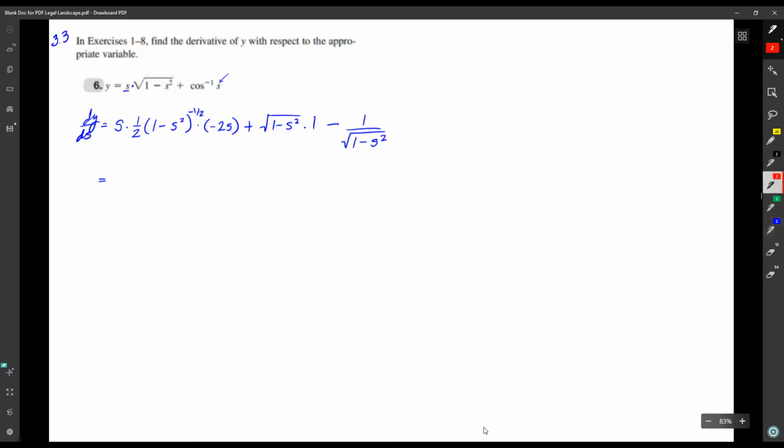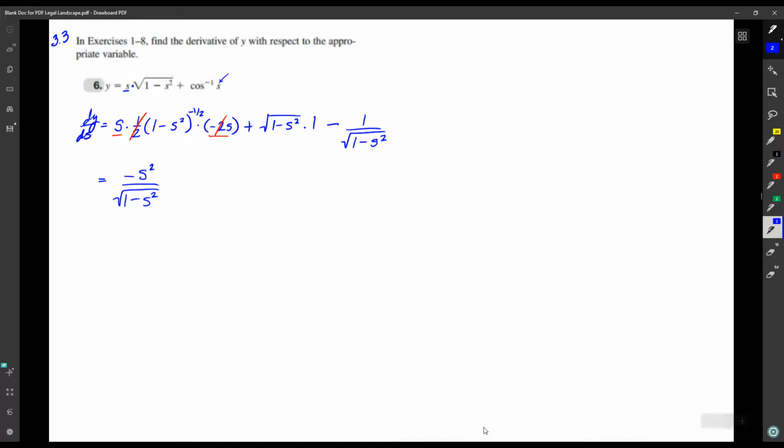In the first term, I notice that we have 1/2 times a 2, and that makes 1 when multiplied together. Then we have an s times a negative s, so that gives us a negative s squared in the numerator. And we're going to take the 1 minus s squared to the negative half and drop it to a denominator so that this first term simplifies to minus s squared, and then that's over a square root of 1 minus s squared.